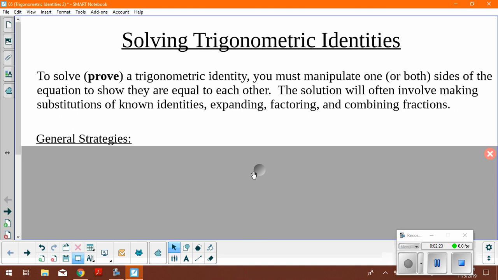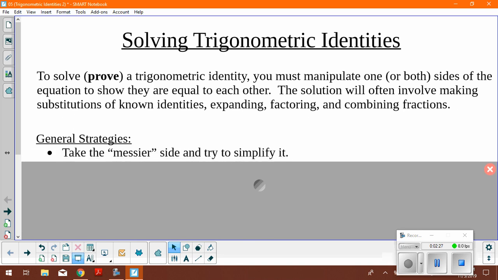So first one is to take the messier side, the bigger side, the one that has more stuff, and try to make it simpler. If one side has like 5 things in it, and the other side only has 2 or 3, it probably means you need to make a substitution on the side with more terms and get it shrunken down to the other one.